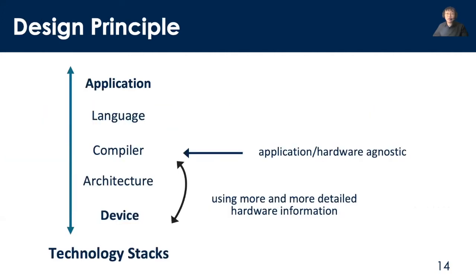If we summarize the design principle of these paths, they are either application and hardware agnostic paths like the gate cancellation paths, or they are trying to use more and more detailed hardware information like those qubit mapping and crosstalk mitigation paths.